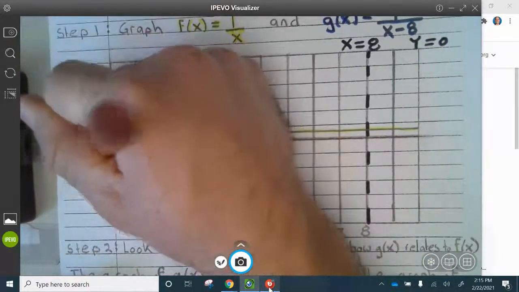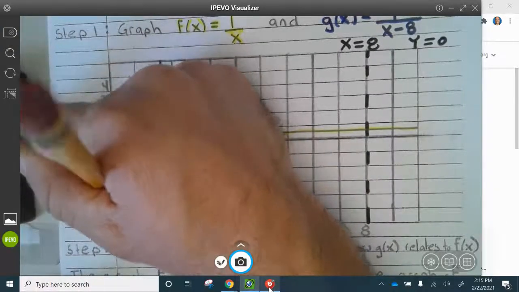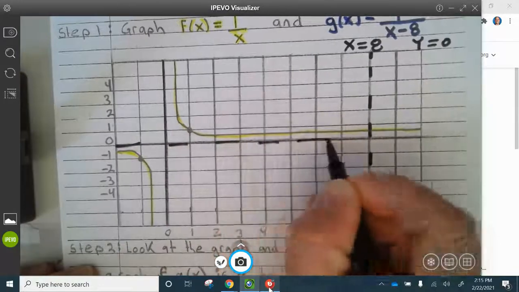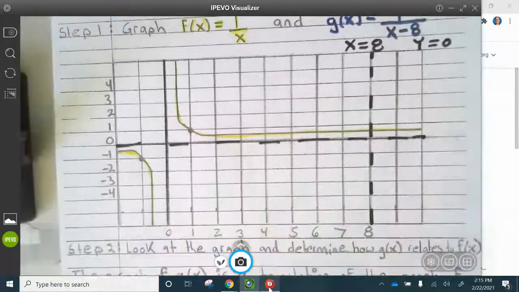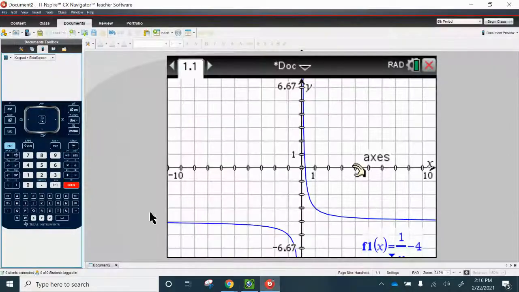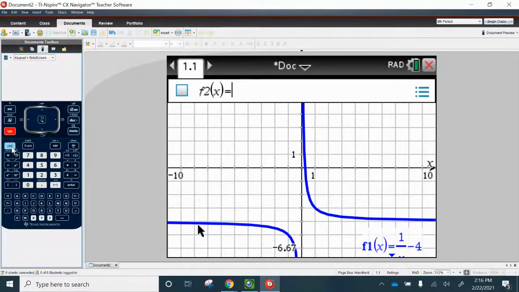Okay, let's go ahead and graph and find our points. So tab, delete this. Control divide, 1 divided by x minus 8.